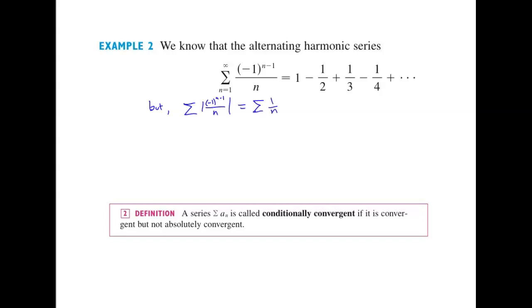And what do we know about the regular harmonic series? Just 1 over n. It's divergent. And again, we can just cite p-series, but in this case, p equals 1. And if p is less than or equal to 1, it's going to diverge.